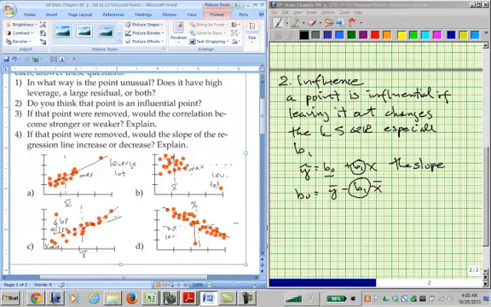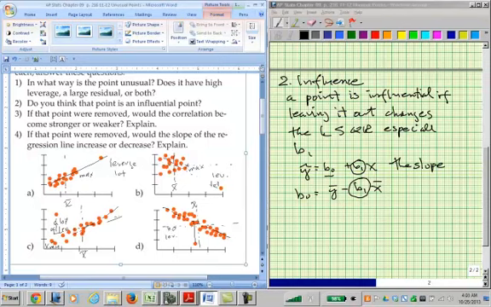It goes from negative to positive. In C, if we leave the point out, the slope would increase. If we leave it in, the slope is going to slightly decrease. And in D, the slope does not change. It stays the same.